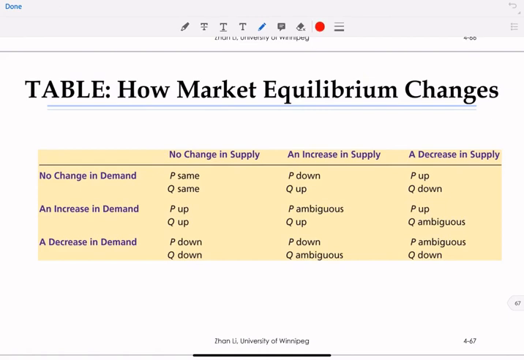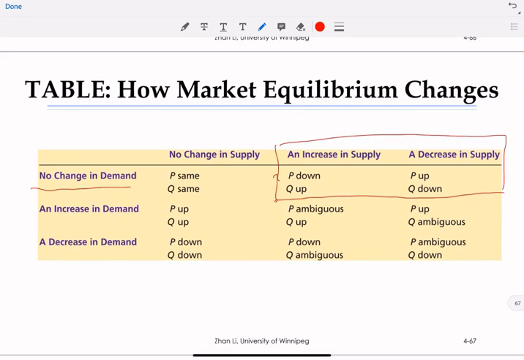So one thing you can see here is if there is only one change, that is, let's say if demand stays the same and only supply changes, then you can be certain how market price and market quantity will change.